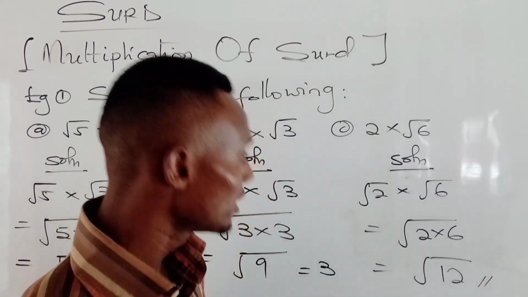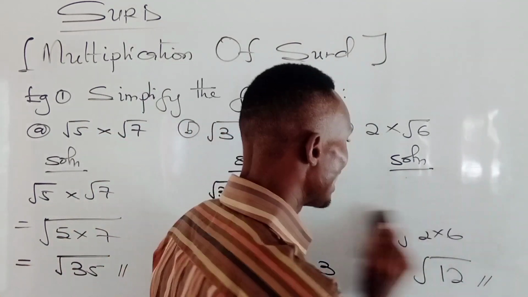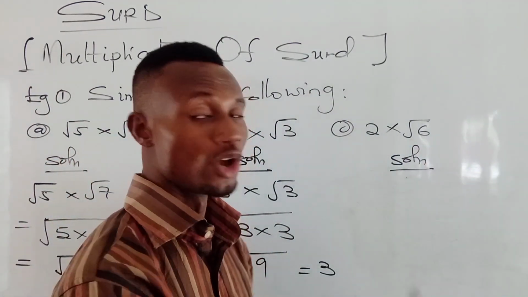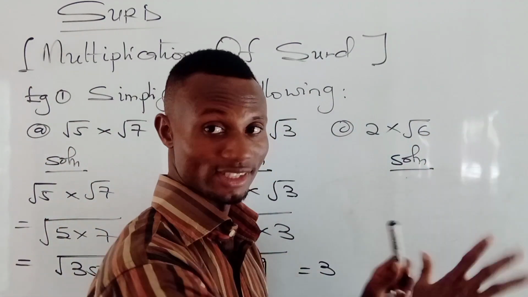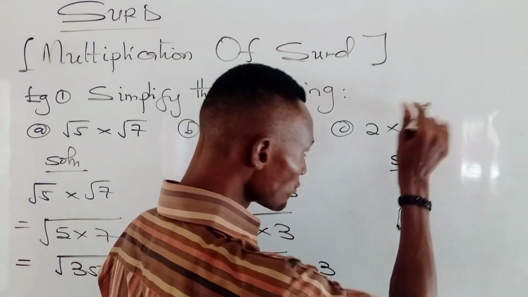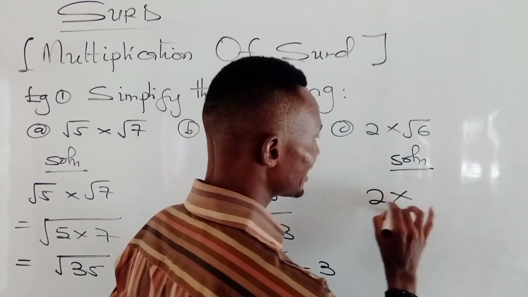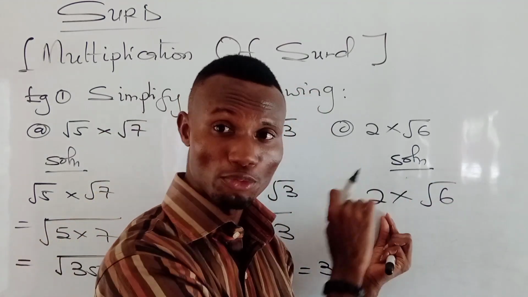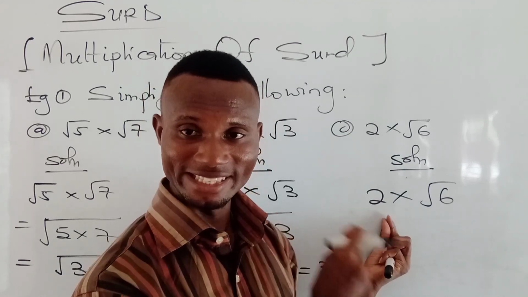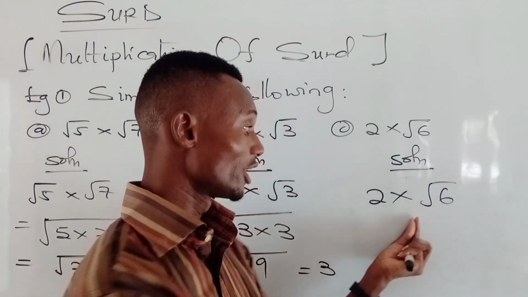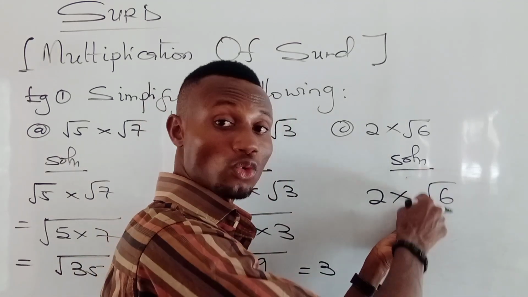But when you have something like this question, which is 2 times square root of 6, you cannot go and do square root of 6 times 2 then write 12. You cannot do that. For us to solve the 2 times square root of 6, because this one has no square root sign, the multiplication is done by multiplying the coefficient of the square root of 6.